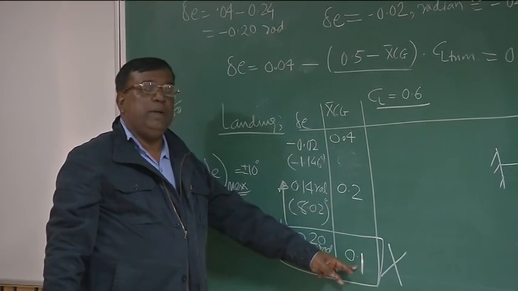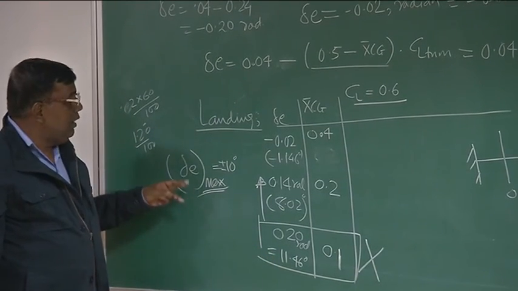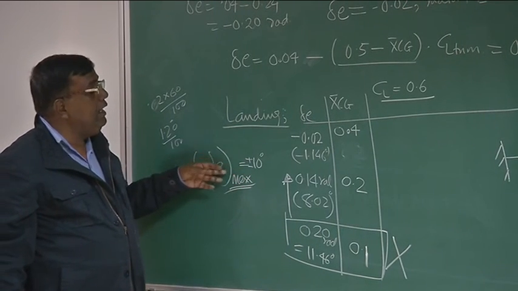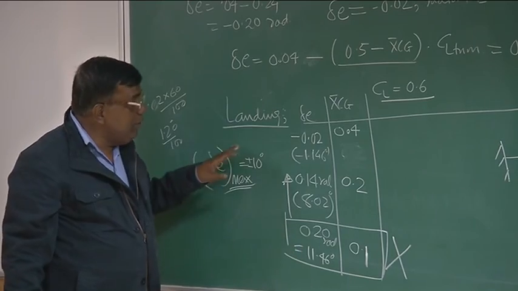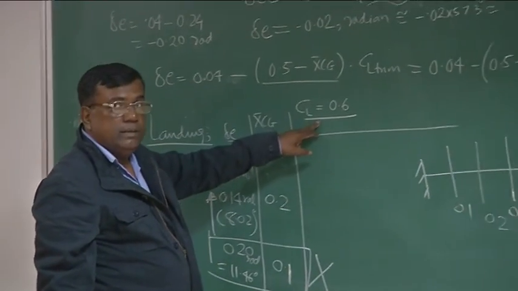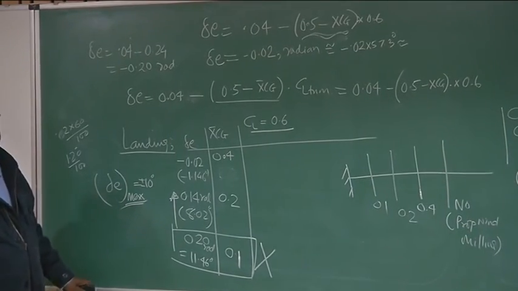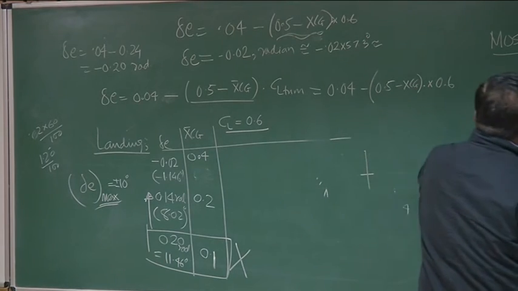To trim this airplane at the 0.1 location, I need 11.46, but my delta E max is, let's say, 10 degrees. If delta E max is 15 degrees, I should be able to do it. Remember, this is for CL equal to 0.6. But when you are landing, CL is around 1 or 1.2. So now let's see what happens if it is 1 or 1.2.